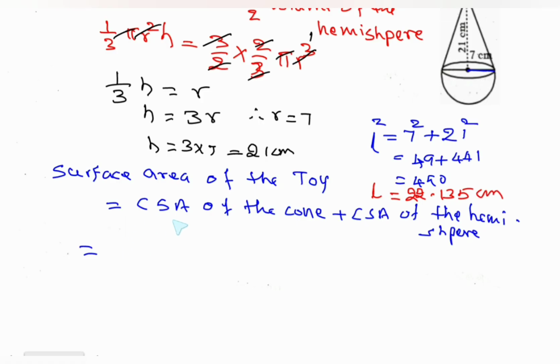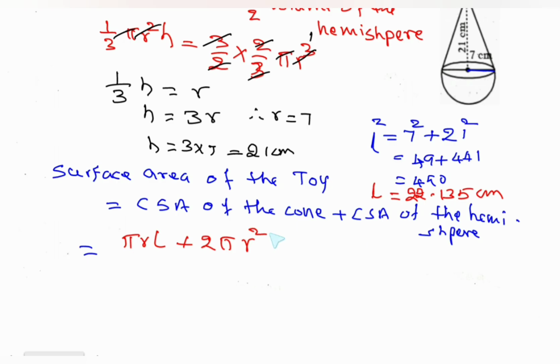Now the curved surface area of the cone is pi r L, and the curved surface area of the hemisphere is 2 pi r square.